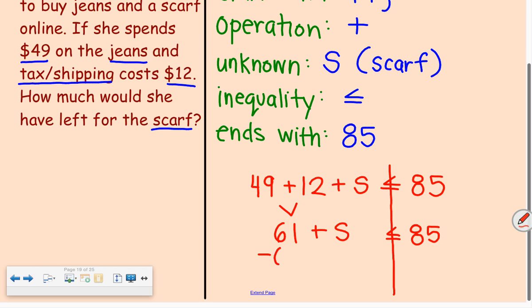And then if I subtract 61 on both sides, I have S is less than or equal to 24. So that means that I can spend $24 or less on a scarf.